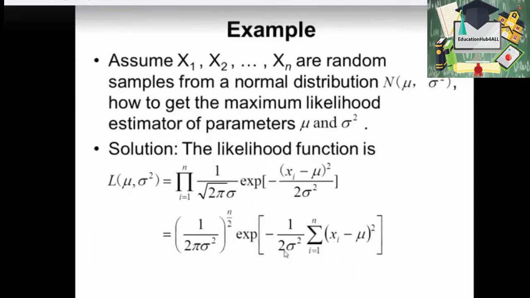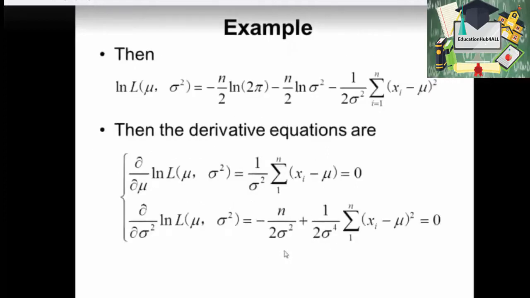Some example about the normal distribution. So this is how the likelihood looks. Now there are two parameters, and sometimes it's not easy to find the derivative directly.